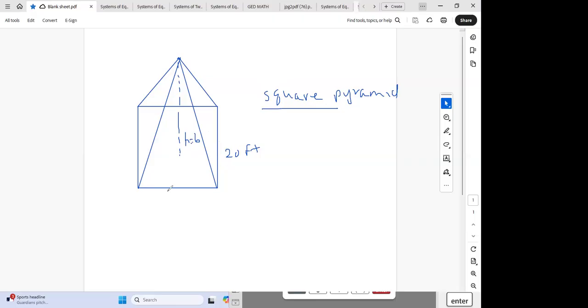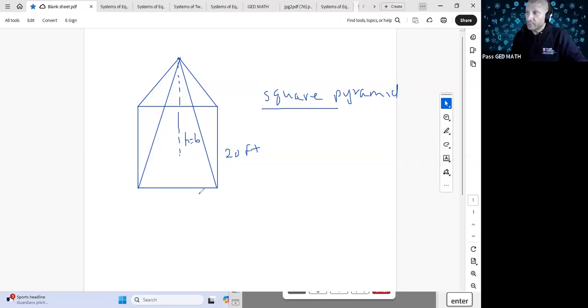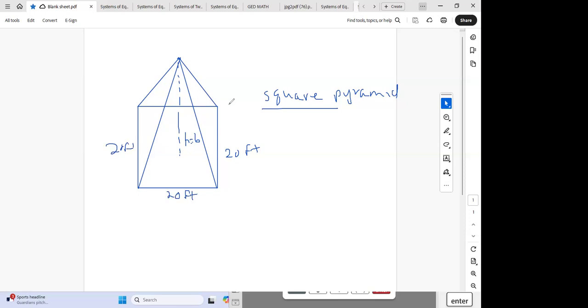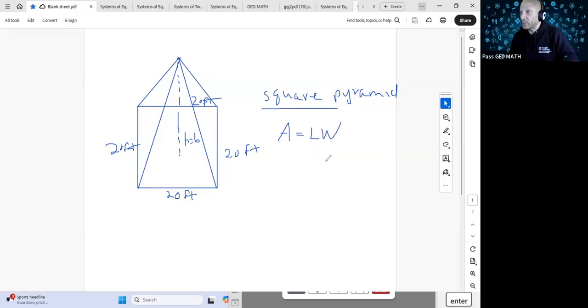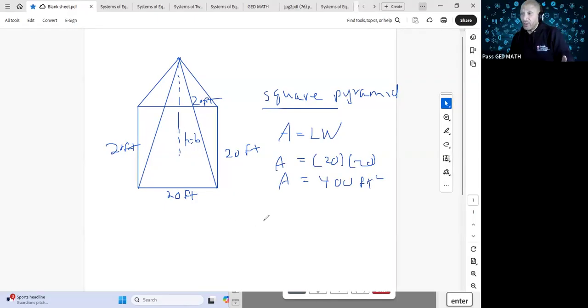So if this side is 20, this side is also what? 20. This side is also what? 20. So if I'm trying to find the area of the base, my length and width are the same thing. 20 times 20. So that means my area of the base is 400 feet squared. Now, I know the volume of a pyramid is area of the base times the height divided by 3.